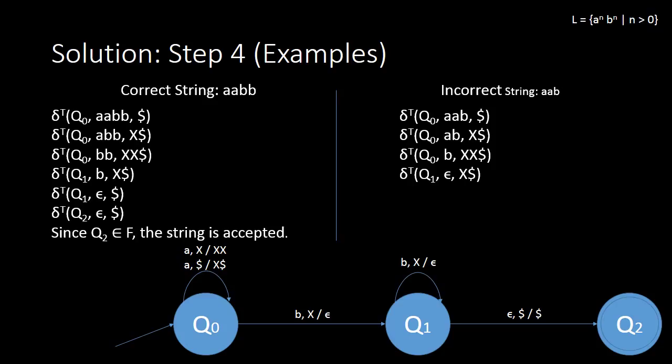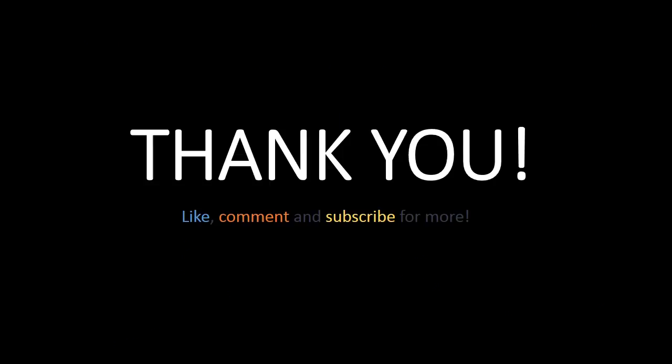So we get stuck in this state Q1. Since Q1 does not belong to the list of final states, the string is rejected, as we might have predicted before. So we can see that this logic works for both correct and incorrect strings. So our logic is correct.